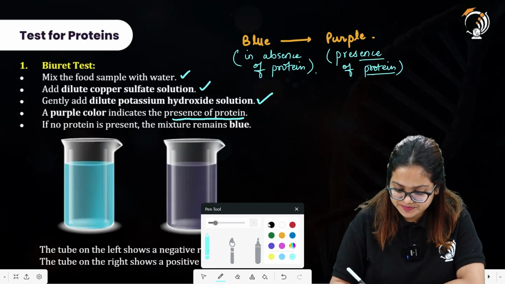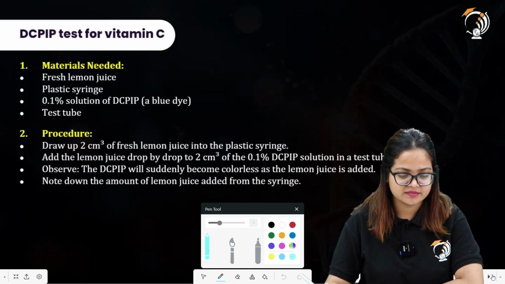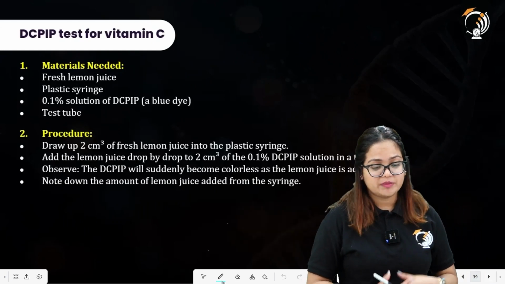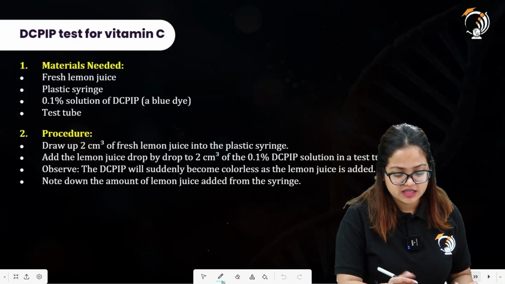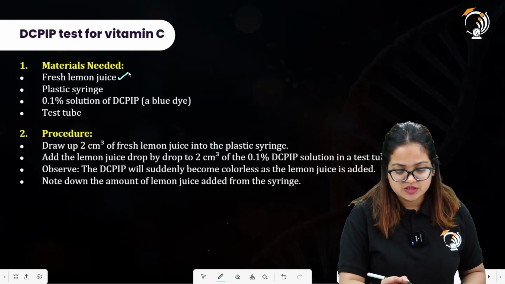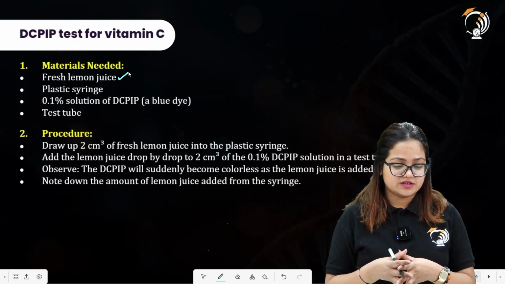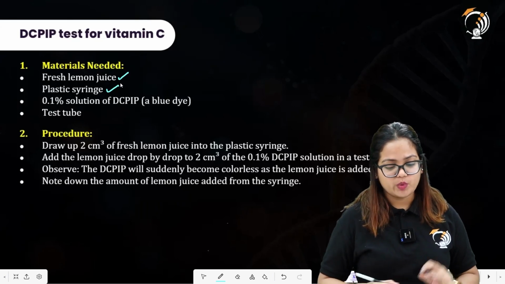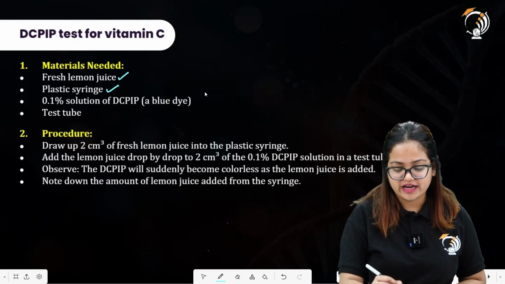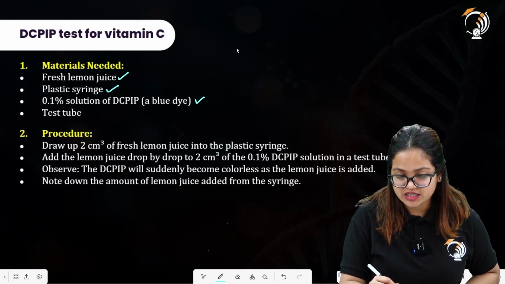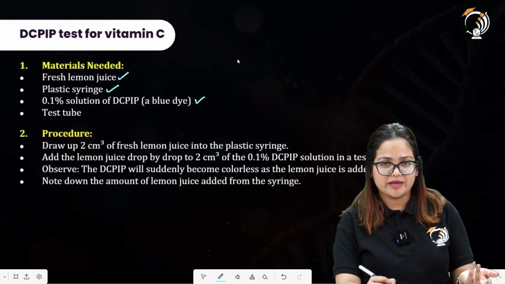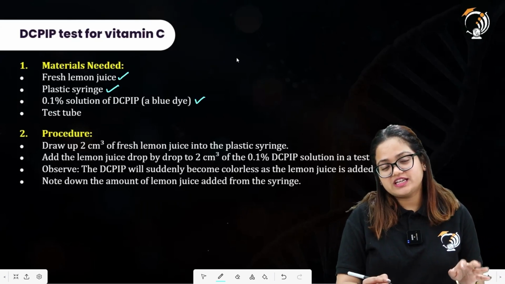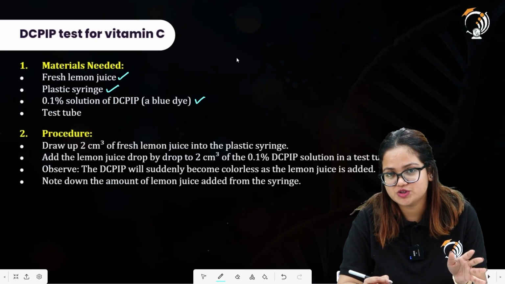All right. Moving further, there is another test, the DCPIP test for vitamin C. The materials needed to carry out this process: fresh lemon juice, to test whether this lemon juice has vitamin C in it. Then a plastic syringe is required. And 0.1% solution of DCPIP, that is a blue dye. It initially remains blue whenever it is not being tested with vitamin C. Or you can also say that in absence of vitamin C, the DCPIP solution remains blue.